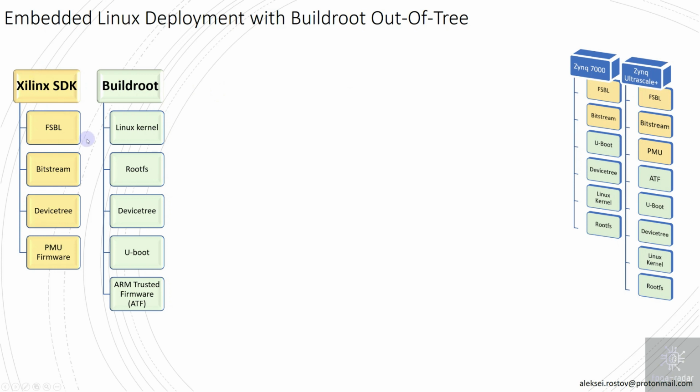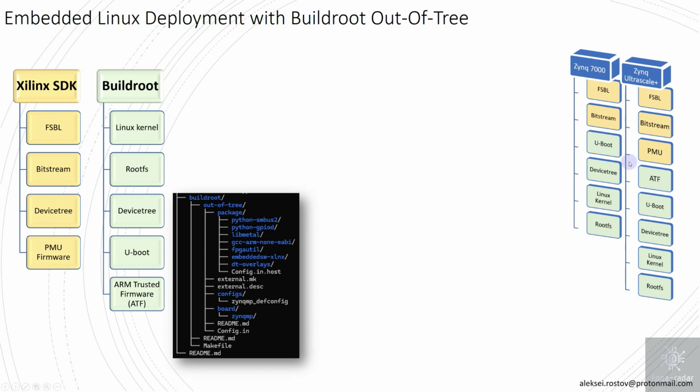Because all these are platform dependent, so they depend very tightly on the Vivado hardware design. That's why the Xilinx SDK tools should be used. Other system software and artifacts can be generated by using Buildroot.